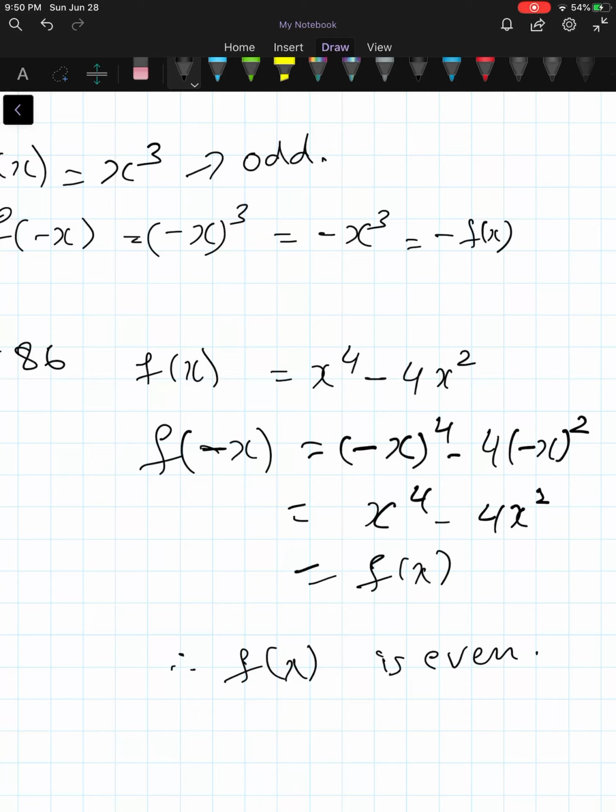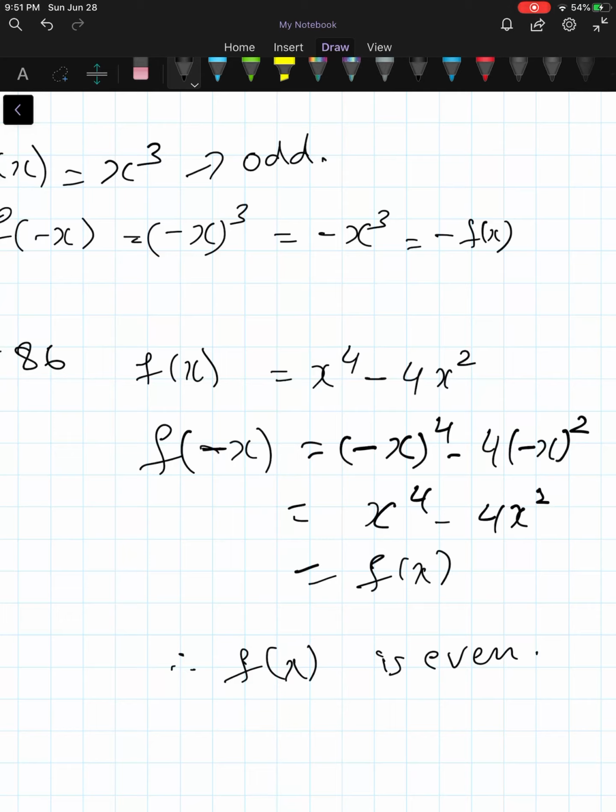So you can test using the graphical method that I taught you earlier, or you can use the definition. Both are advisable if nothing is given in the question, if you are not instructed how you should verify whether a function is even or odd. You can do either one, the choice is yours.